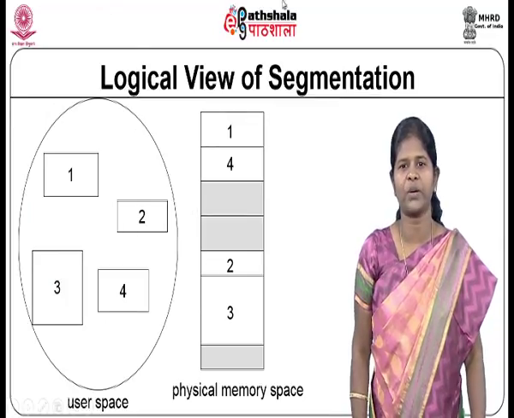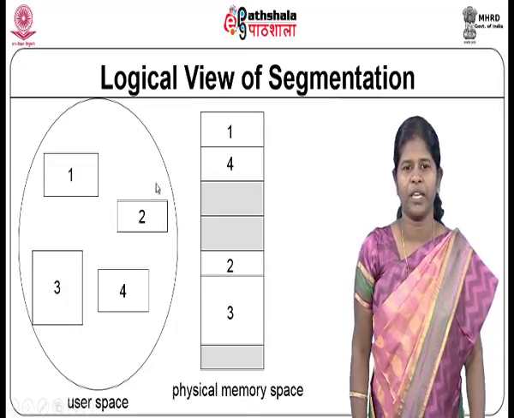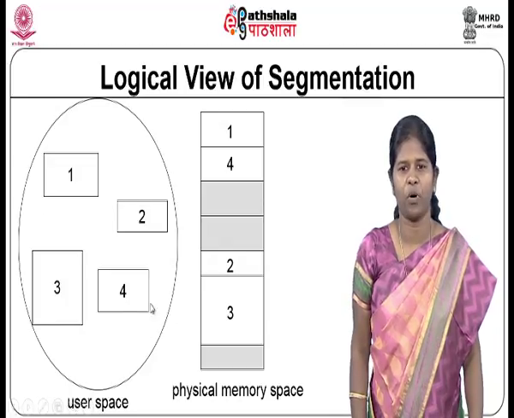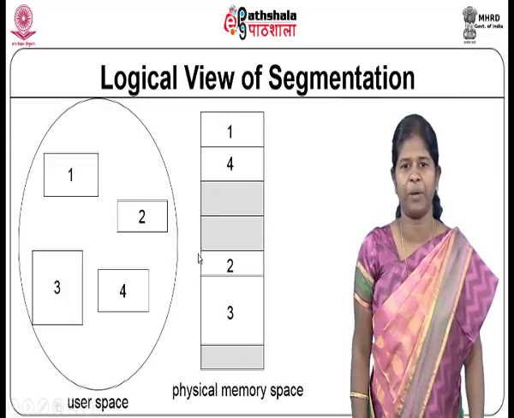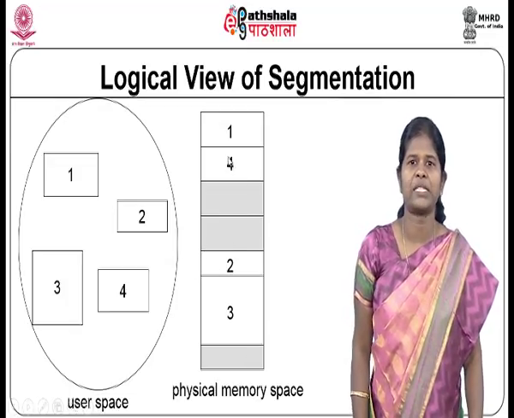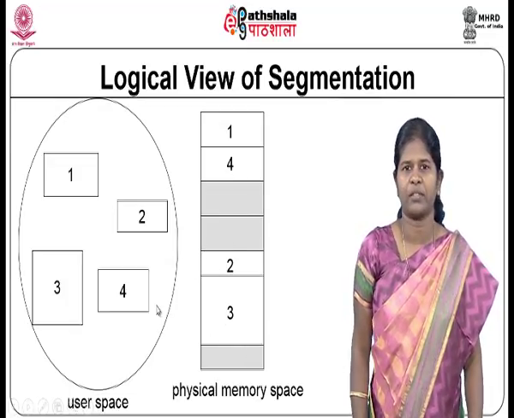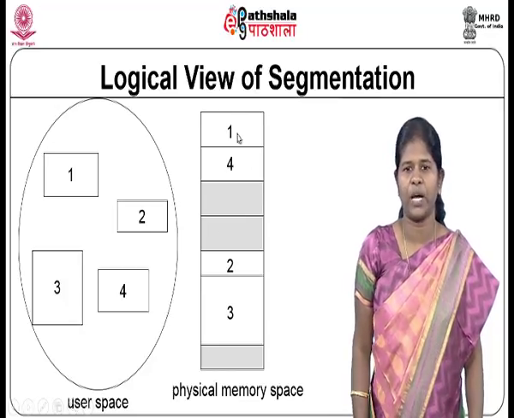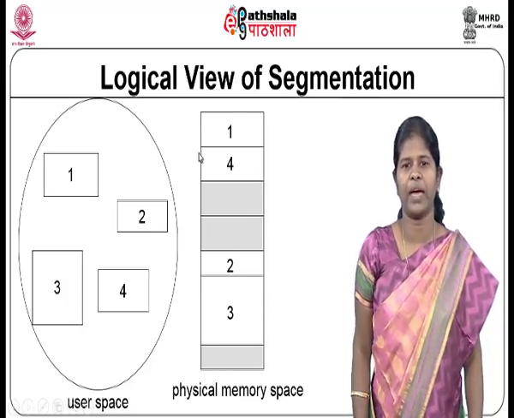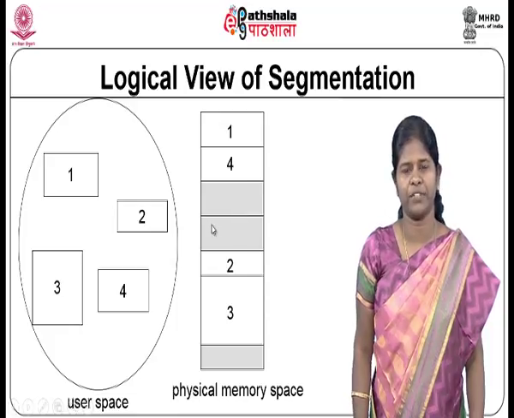Let us look at this figure. The user space has 4 segments, segment 1, 2, 3 and 4, and the segments are placed in the physical memory. They can be placed anywhere in the physical memory.